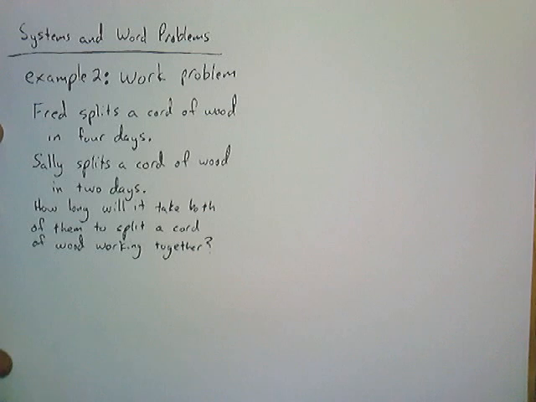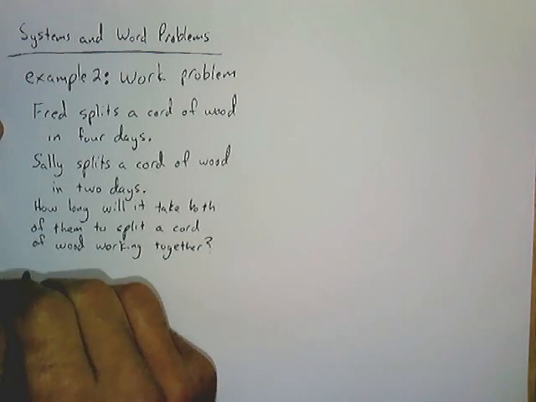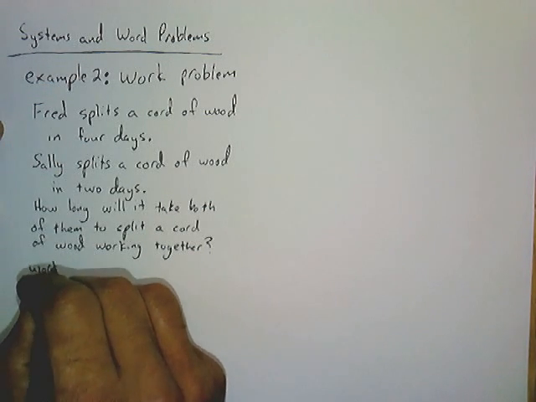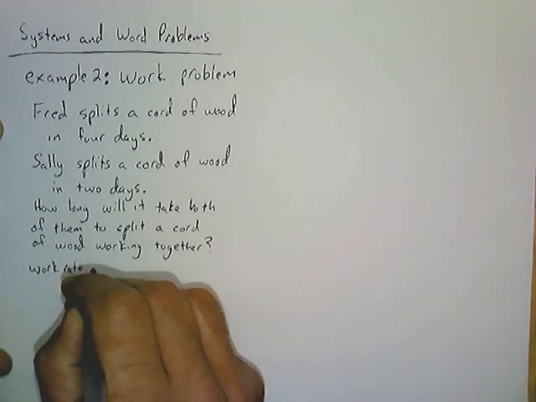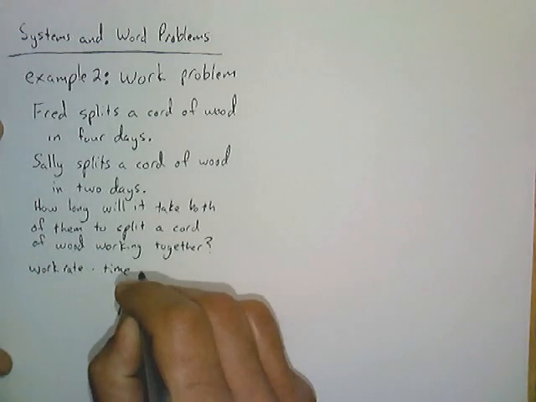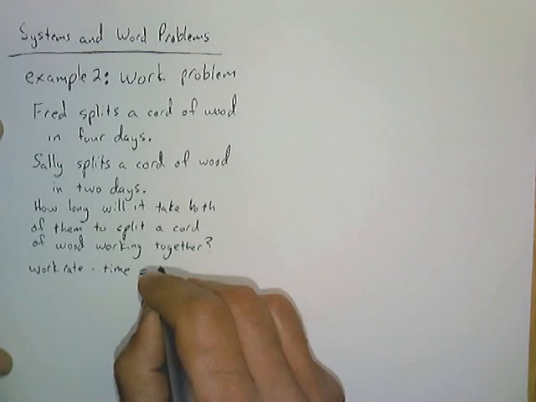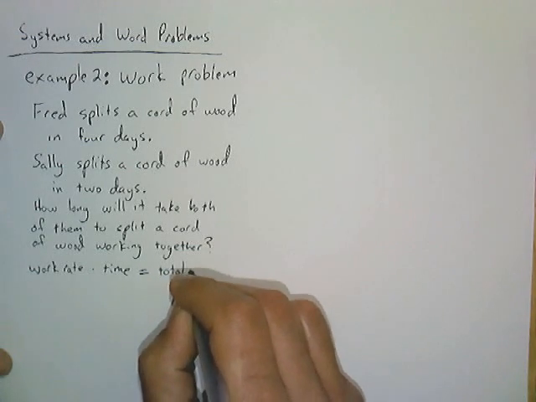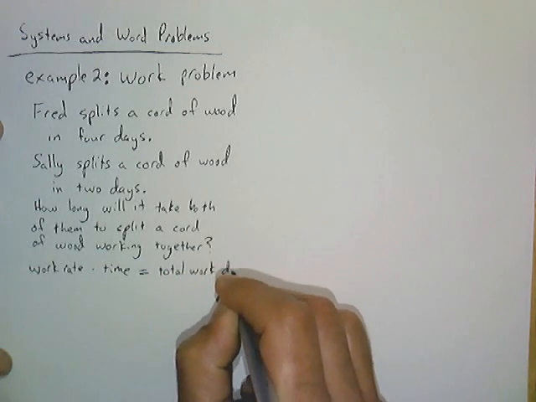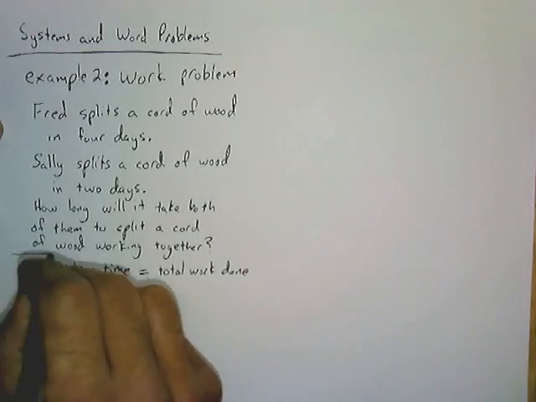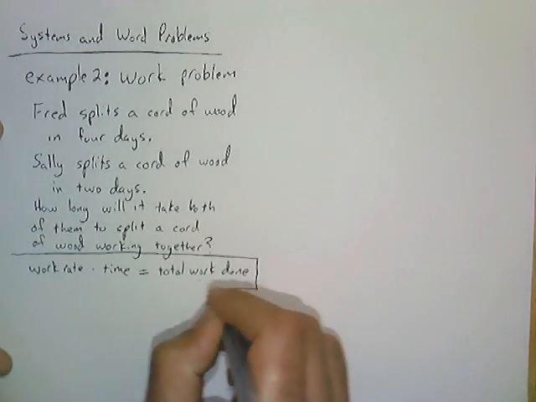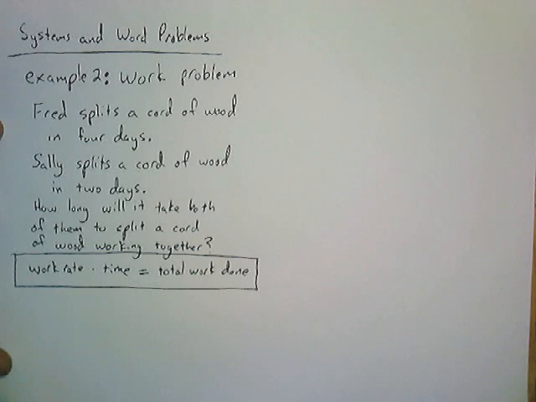Okay. So this is going to come back to that same type of equation here, where we have the work rate times the time is going to be equal to the total work done. That's the important equation here for us. But more important than the equation itself is, again, how the units work in here.